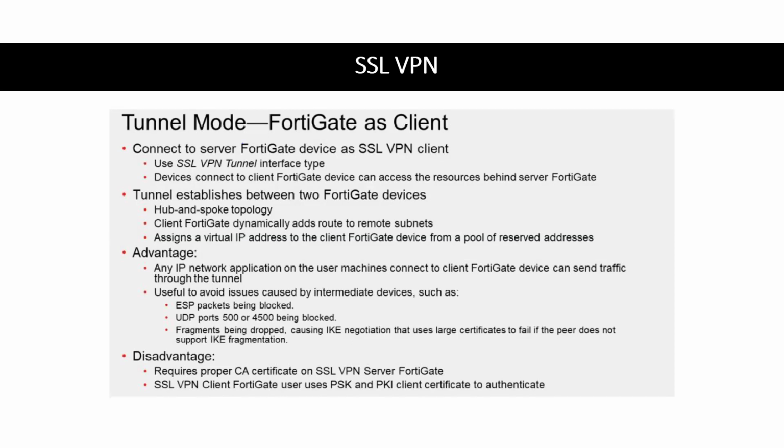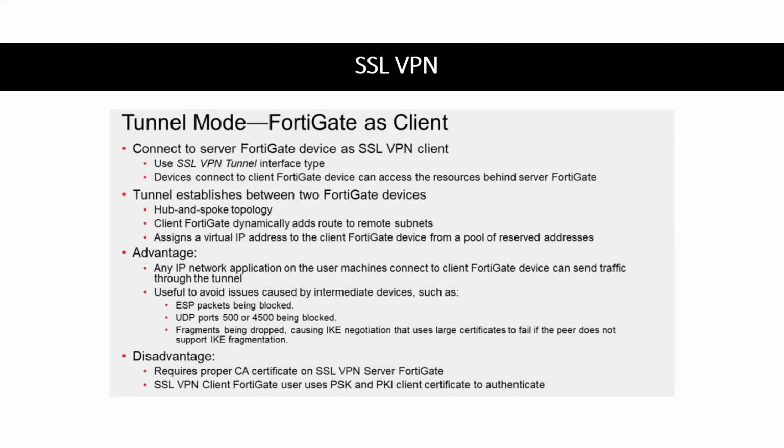Those fragments being dropped can cause a lot of retransmissions. Well, with the FortiGate acting as an SSL VPN client, it'll make sure that doesn't happen, and it'll make sure it's a constant connection. So there's a lot of advantage.